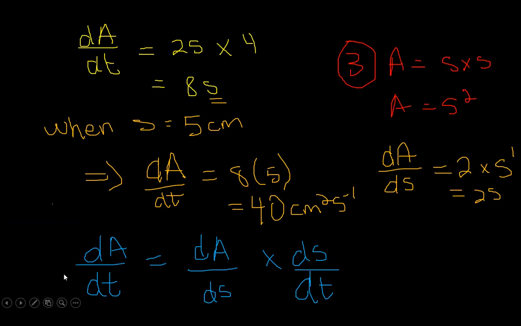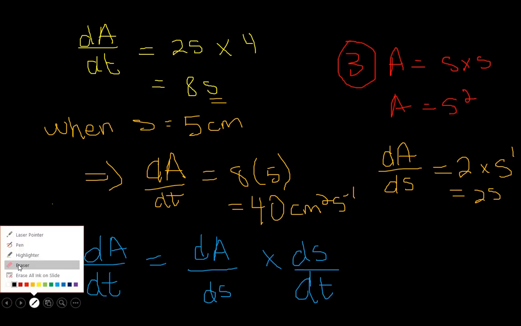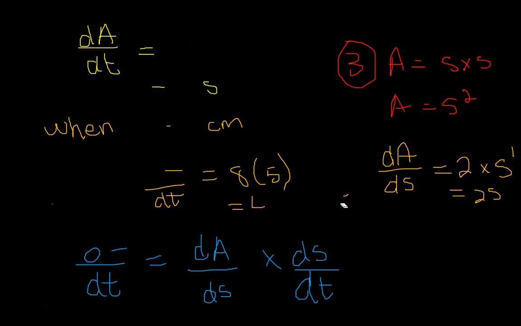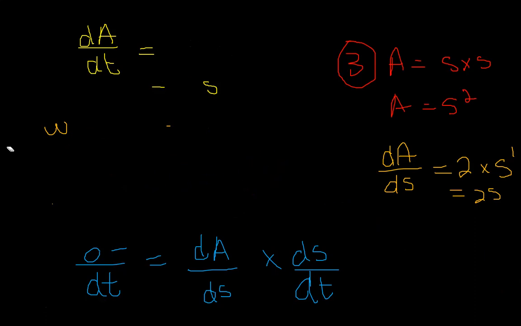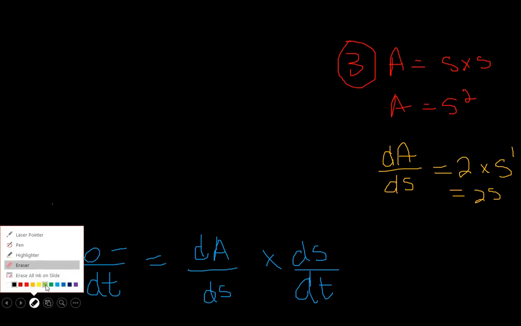So let me just erase this whole left part here. Not the blue, everything else. So you see how I got my expression for dA on dt to be 8s, and then I substituted the value of 5. Some people like to substitute the value one time, right?